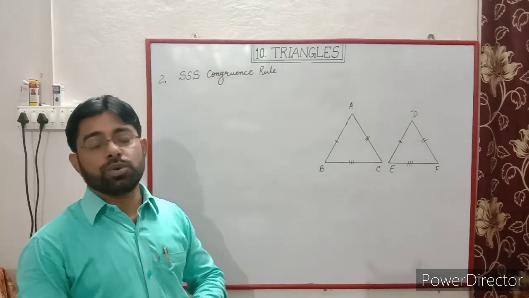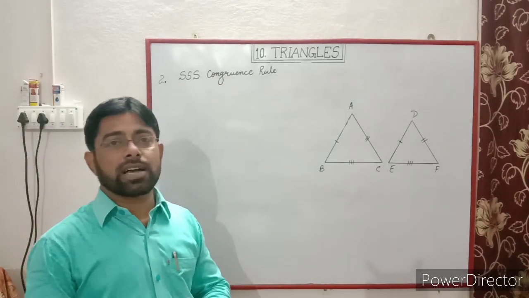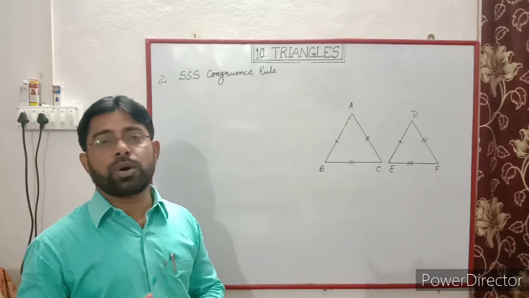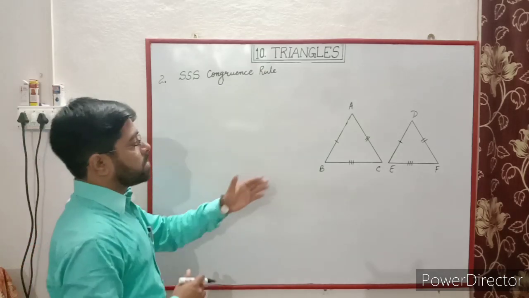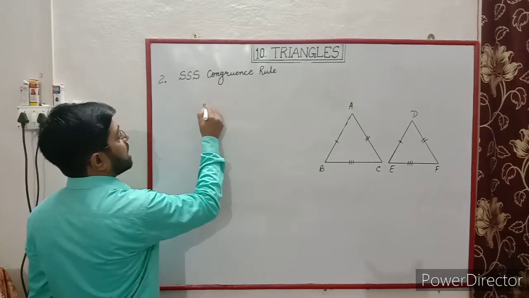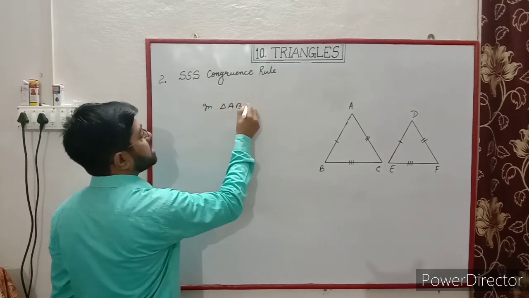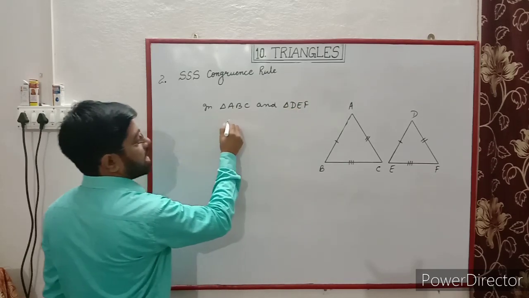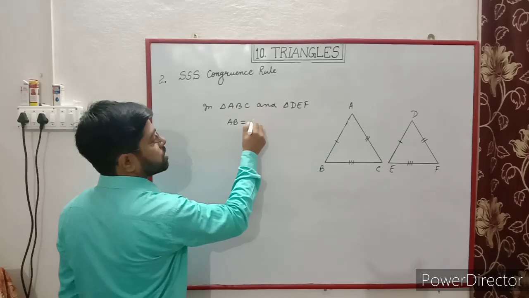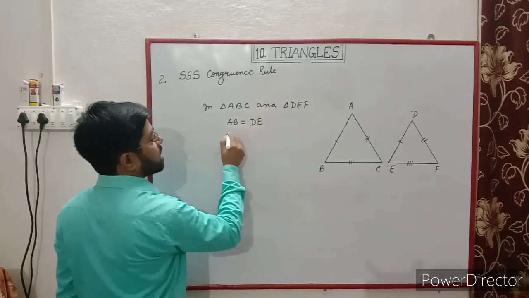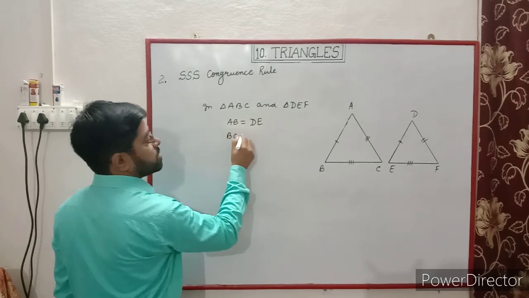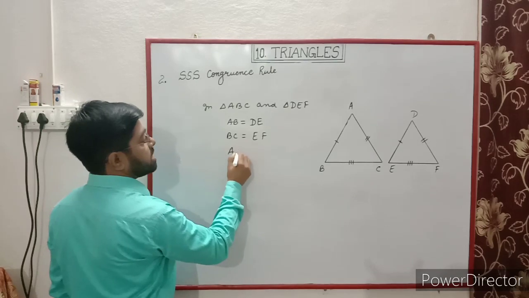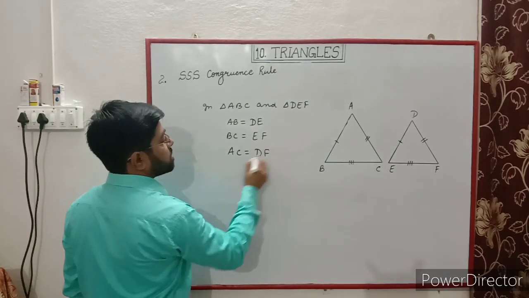Side side side congruence rule. The statement is: two triangles are congruent if all three sides of a triangle are equal to the corresponding sides of the other triangle. From the given figure, in triangle ABC and triangle DEF, side AB is equal to side DE, side BC is equal to side EF, and side AC is equal to side DF.